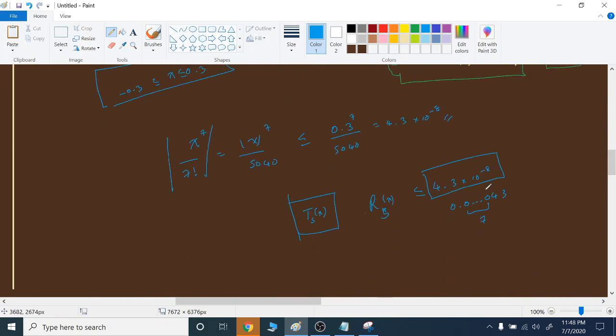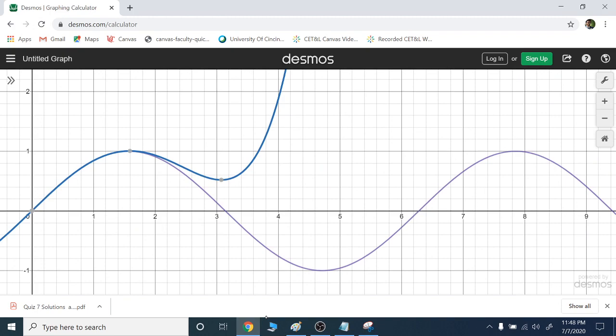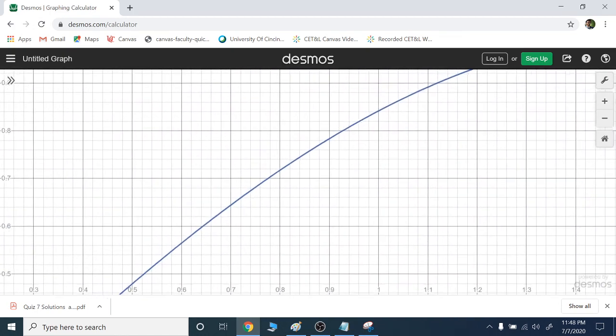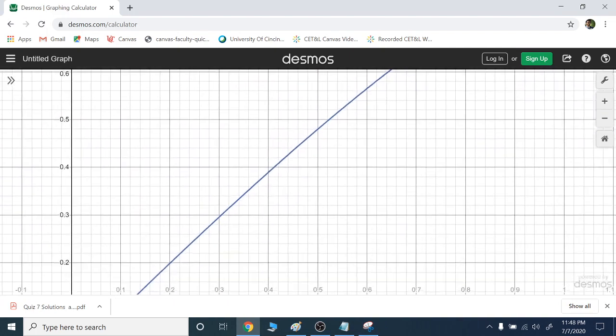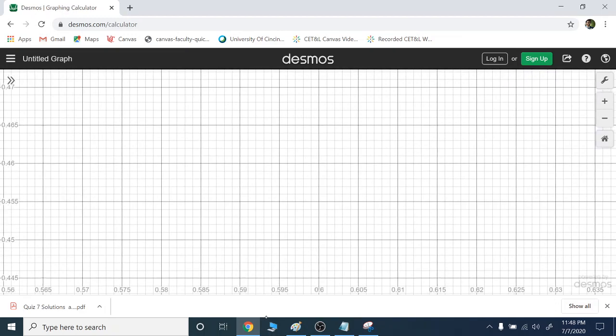Okay, so it's very, very close to each other. So here also, if you focus on a point like this and if you keep zooming on, you can see that you will have to zoom quite a lot to see a difference, right? See, still you don't see a difference.